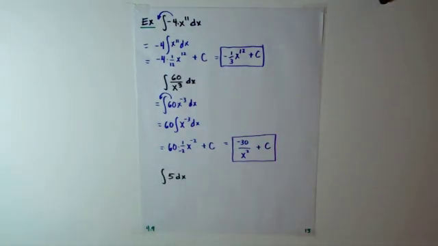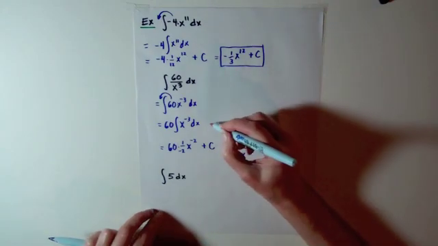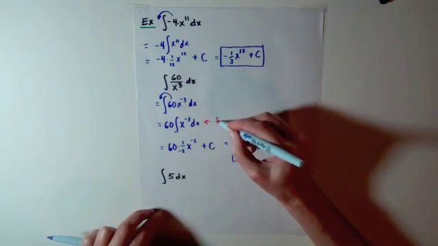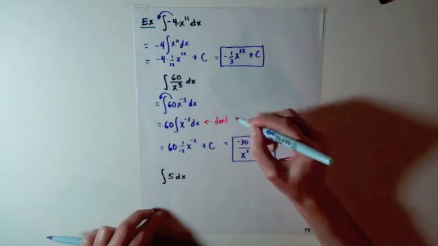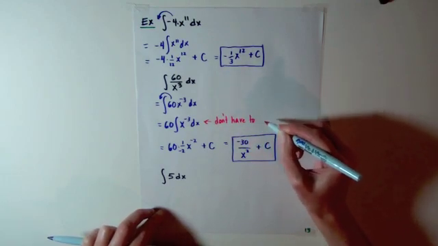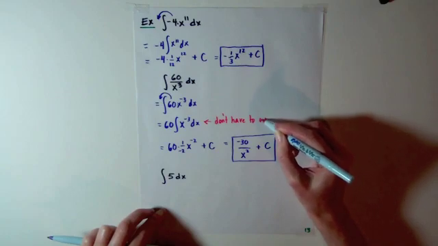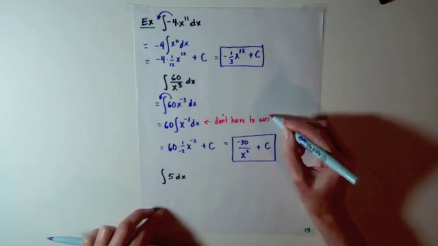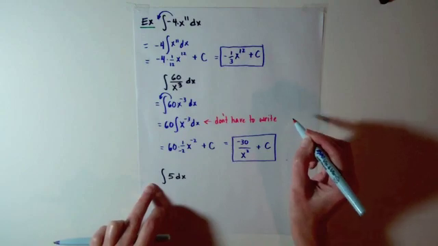One thing I just wanted to mention is that oftentimes we don't write this step as you get used to it. At first, you don't have to write this step.